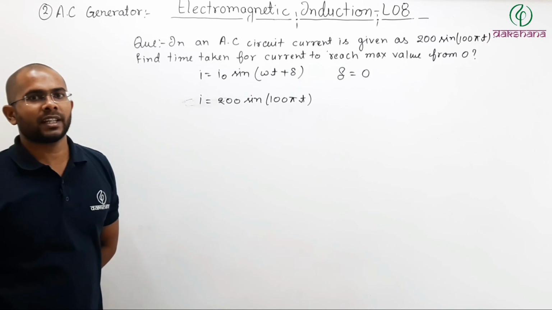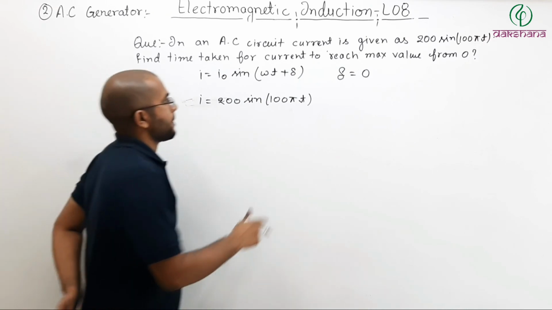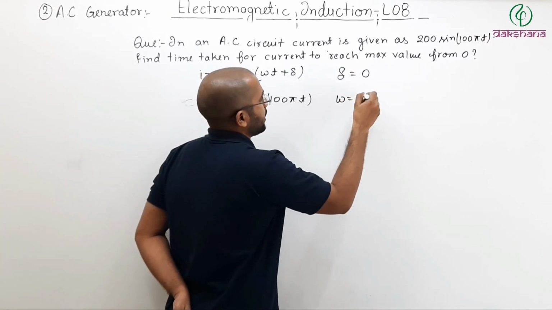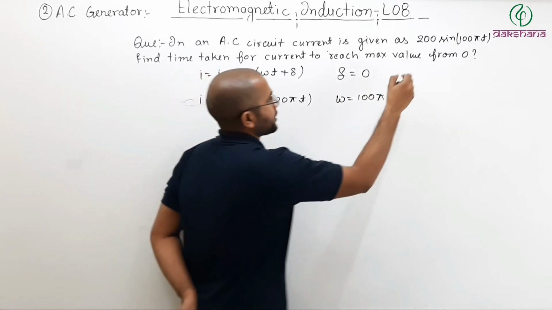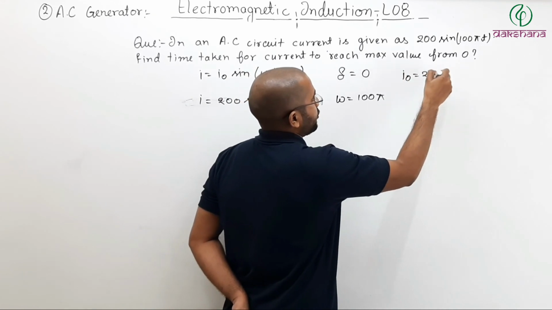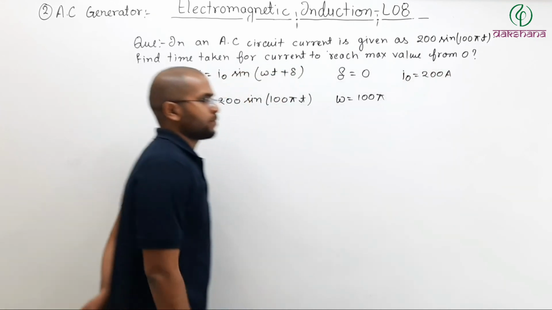Initially angle between area vector and field vector is 0. Omega equals 100 pi, and I naught equals 200 ampere.